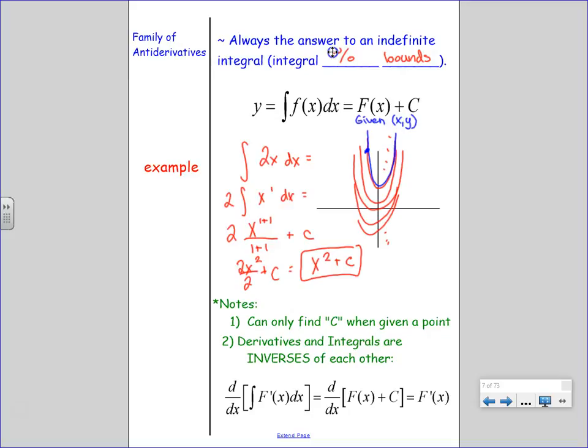What's the derivative of cosecant? Negative cosecant cotangent. So what's the integral of cosecant cotangent? Negative cosecant plus c. What's the derivative of cotangent?